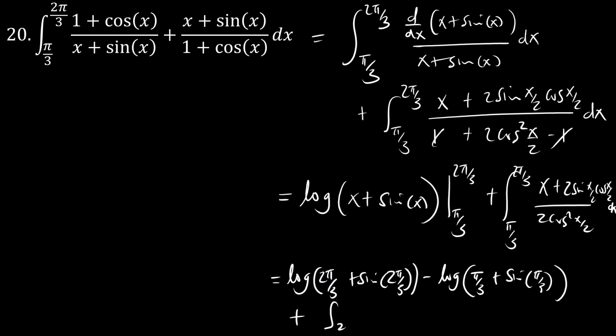Integral from pi over 3 to 2 pi over 3 of sec squared x over 2 plus 2, on this 2 cancels, so we do have tangent of x over 2. Okay, and there's an x here.